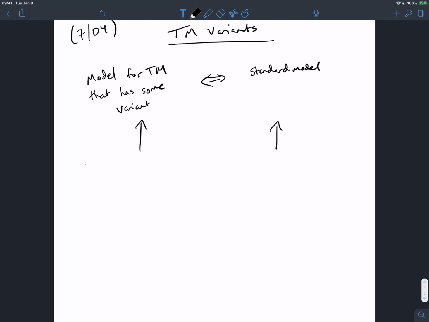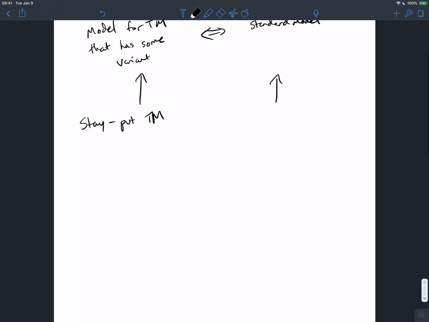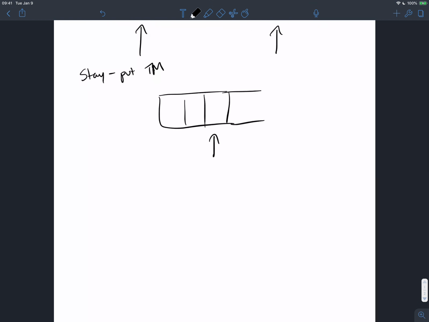And the one we talked about on Monday was this stay put Turing machine, where the Turing machine can either, so let's draw our tape again. If the tape head is here, then it could be either the case that the tape head can move left, can move right, or it can stay exactly where it is.